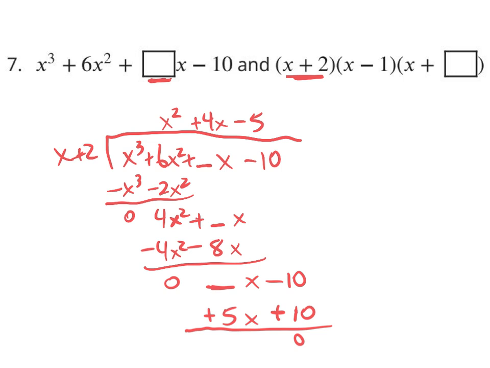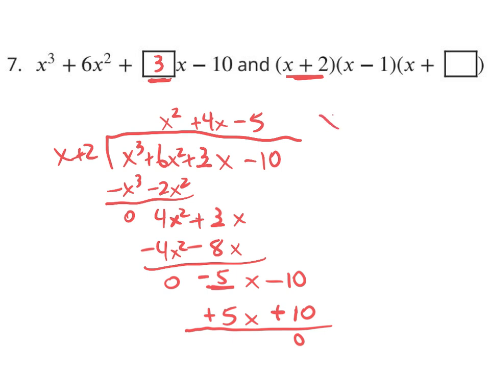So now I have to ask myself, what is the opposite of positive 5? Negative 5. So what plus positive 8 gives me negative 5, because they have to match and be opposite? Well, negative 3. So this number must be negative 3. 8 minus 3 is 5. Take the sign of the larger number.